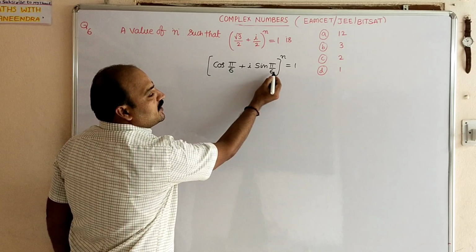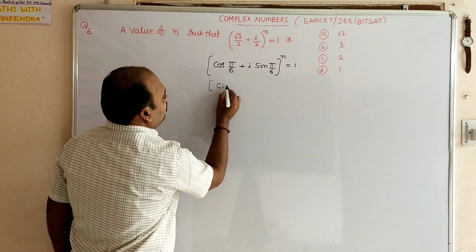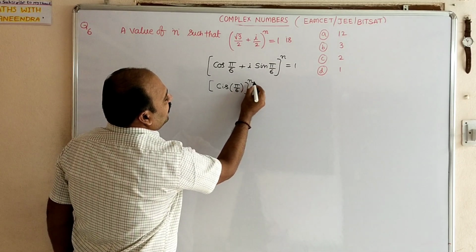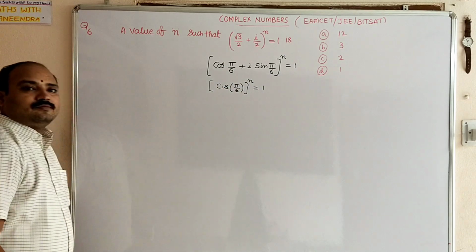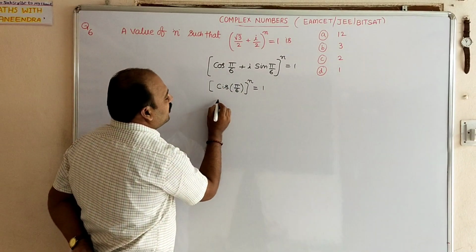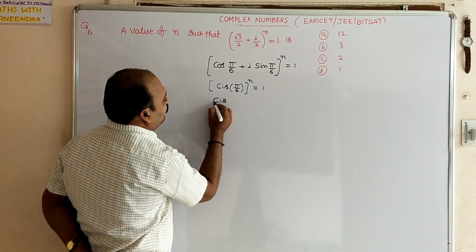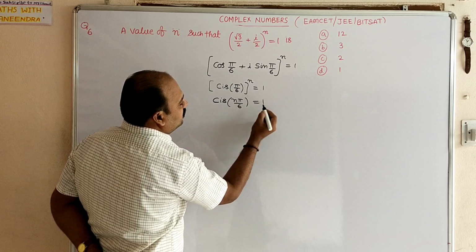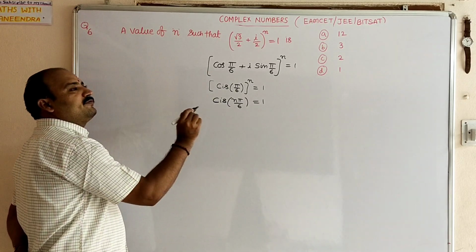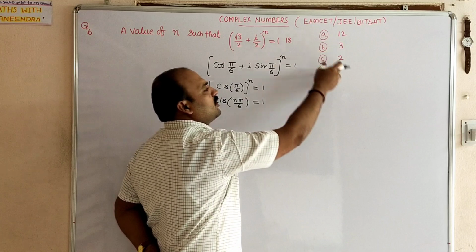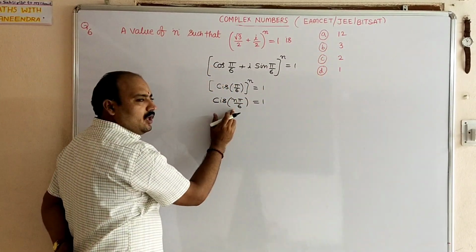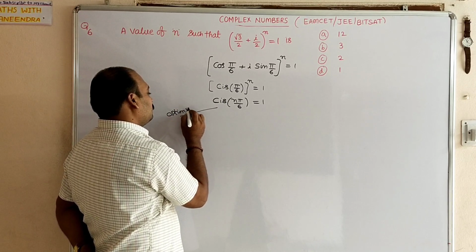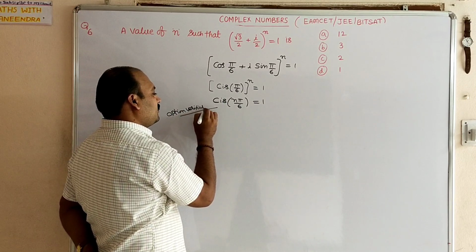Cos theta plus i sin theta can be written as cis theta. So cis of theta, where theta is pi by 6, whole power n is equal to 1. By using de Moivre's theorem, it will become cis of n pi by 6 is equal to 1. By taking different values, you can go for option verification.